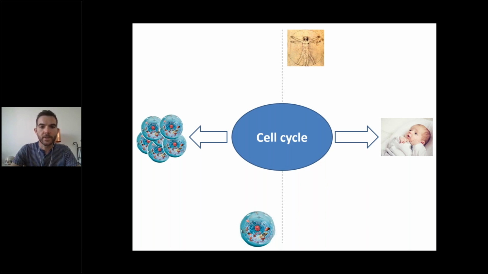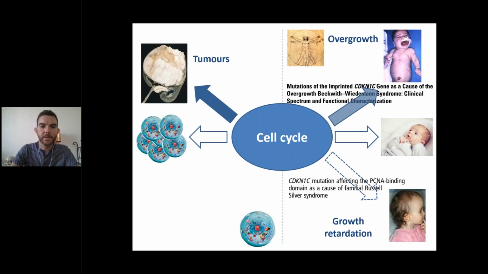That's the physiological process, but if the cell cycle is disturbed, it will lead to pathologies. At the cellular scale, disruption of the cell cycle can lead to tumors. At the scale of the whole body, it can lead to overgrowth or growth retardation syndromes.